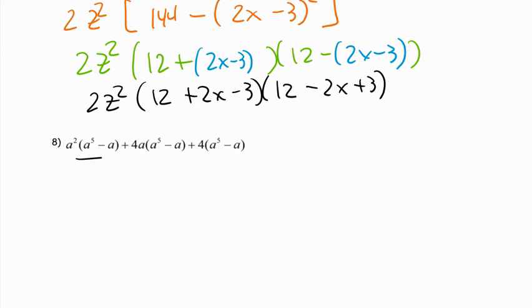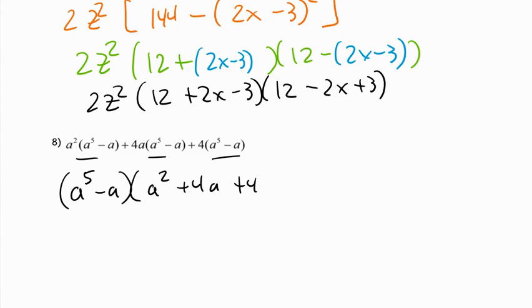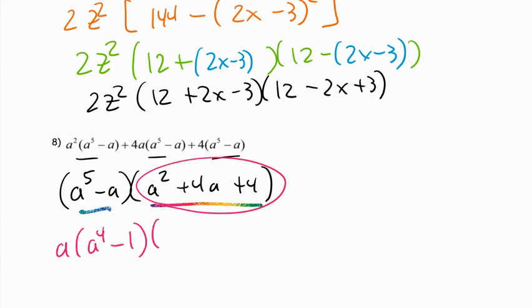On 8, I got 3 terms, 1, 2, 3. Those 3 terms have a GCF of a to the 5th minus a, so I'm going to factor that out. Left with a squared plus 4a plus 4. This factors, so we got to do it. A times a to the 4th minus 1. This is a perfect square trinomial.